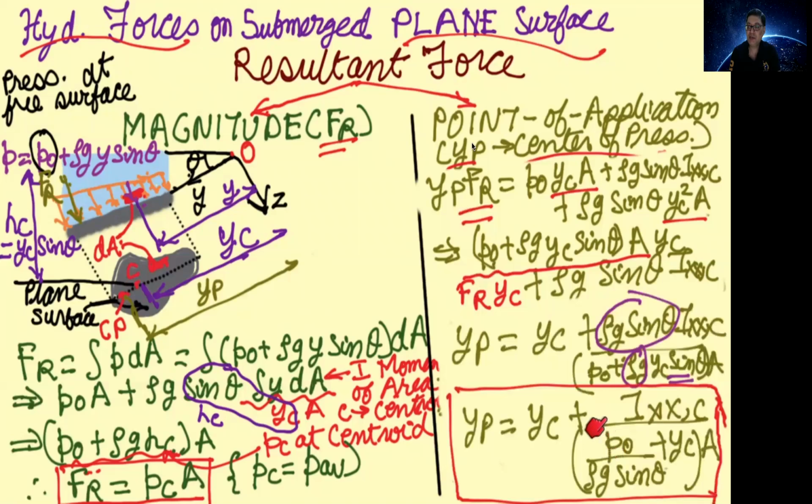Otherwise, in general, this is the pressure of the free surface divided by rho g sine theta plus yc, which is the y coordinate of the centroid, into the surface area. Note that the second term is positive, so yp is slightly below the y coordinate of the centroid. Center of pressure is slightly below the y coordinate corresponding to the centroid.